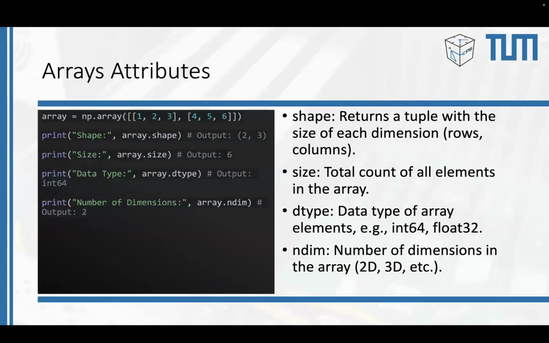So, as I said, there are several attributes beside the content. One is the shape, we already saw it. It's a tuple with the size of each dimension. So, again, in a multi-dimensional array, you can imagine it as a vector or a matrix, or a 3-dimensional cube, or a higher dimensional object. In general, though, it's just a list of numbers, right?